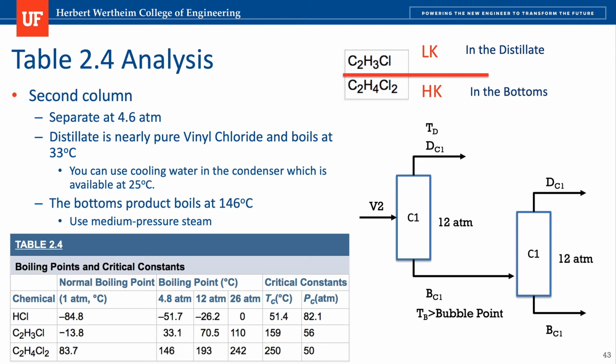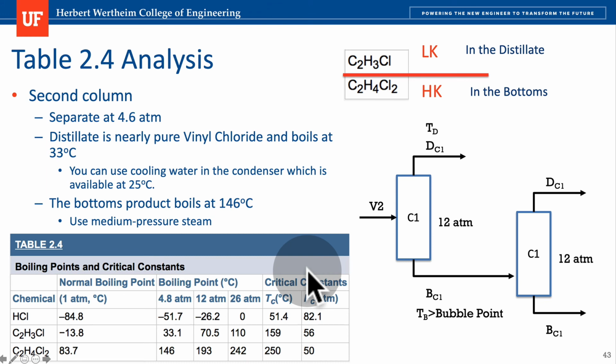You can use cooling water in the condenser, which is available at 25C, which is a pro. The bottoms product boils at 146, and here you can just use medium steam. Remember that the temperature of the bottoms directly affects the heat necessary for the reboiler. The temperature of the light key directly affects the operating temperature of the condenser.